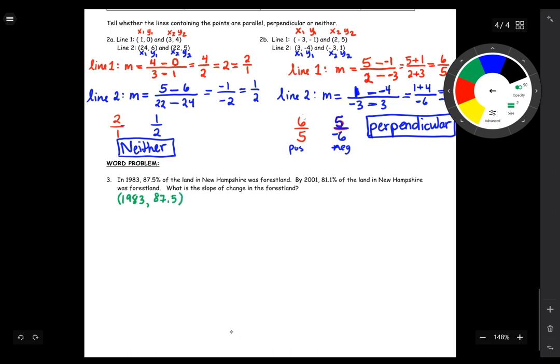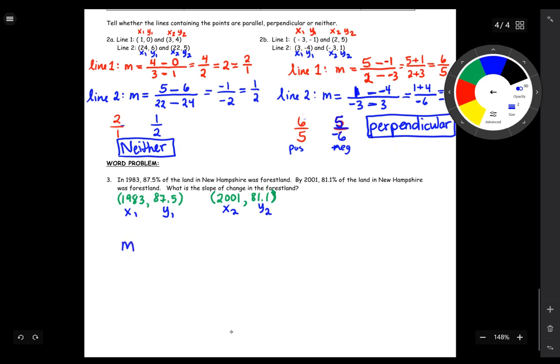And our second ordered pair is 2001. In 2001, 81.1% of the land was forest land. And now we're just going to find the slope of change. So let's label our points x1, y1, x2, y2.